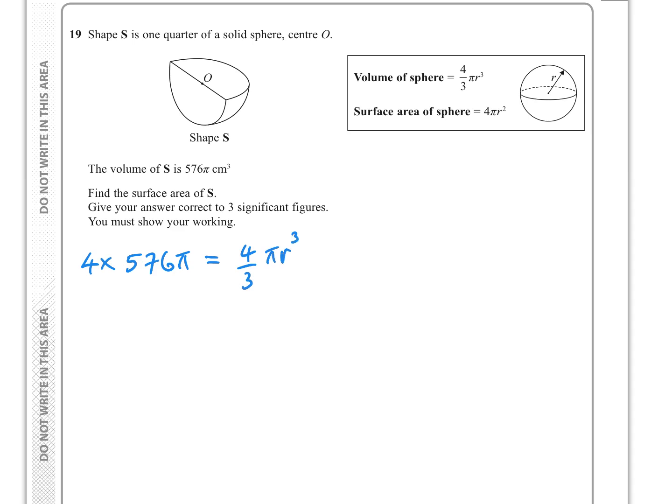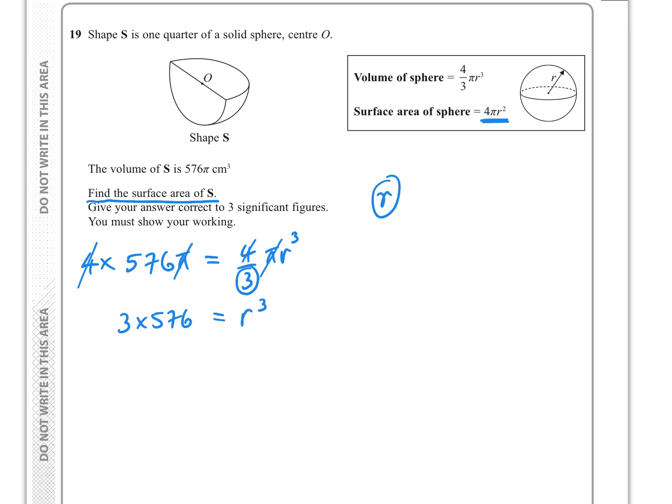And the reason I've done that is because I want to find the value of r first, because that's not given at all in the question and we're going to need it. So to enable us to find the surface area of S, we've got to use this formula, so we're going to need r. So I can see on both sides we can divide through by pi and we can divide through by 4. So all I've got to do is times both sides by this 3 here. So 3 times 576 equals r cubed.